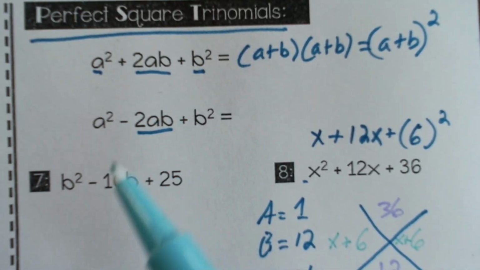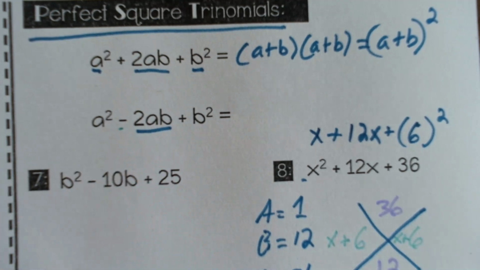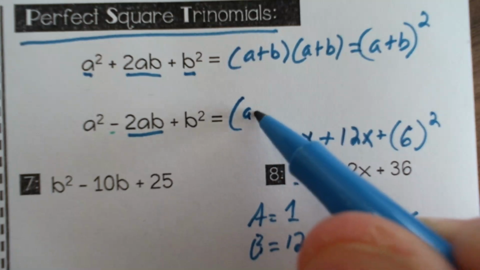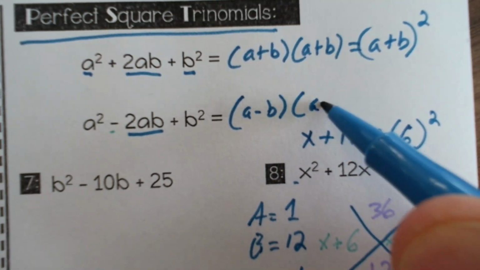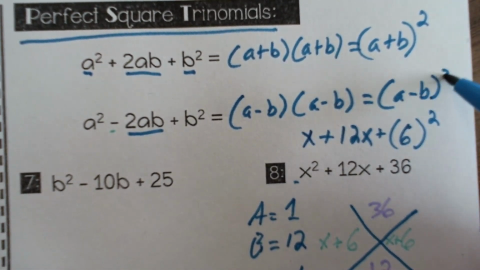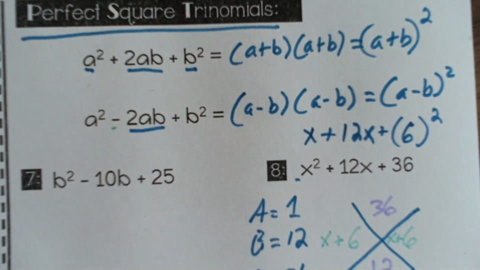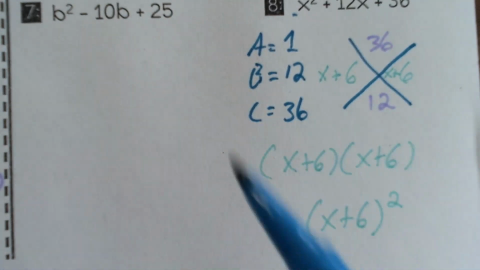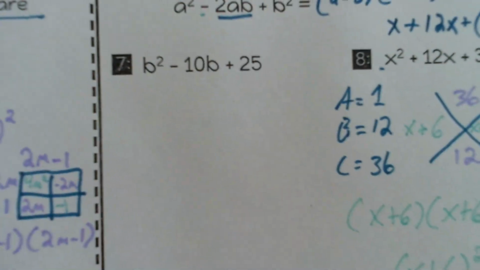The difference here, when it's subtracting, it's actually going to be A minus B, A minus B, which is A minus B squared. You don't have to memorize these because, as you can see, going through our normal method, we can get our answer.